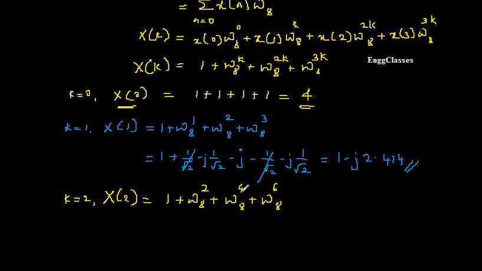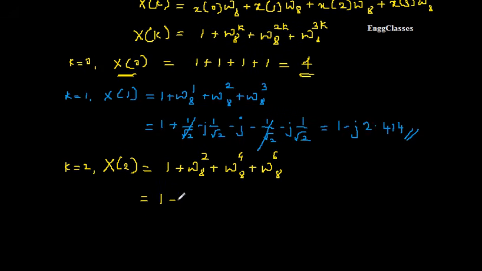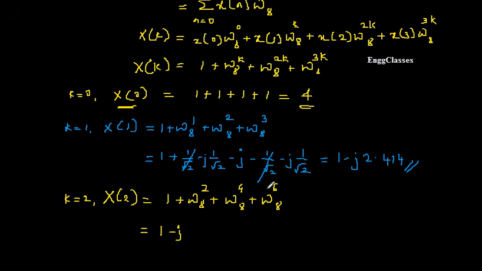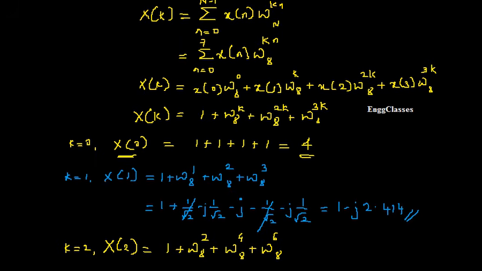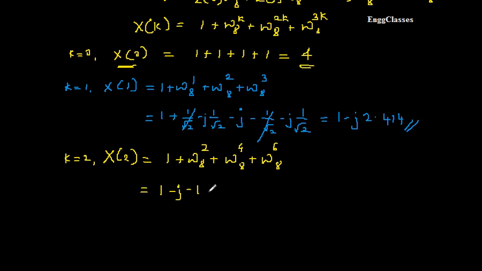So in this expression I need to put the value. This is 1, W8 to the power 2, that is minus j, so put it. W8 to the power 4, that is minus 1, put it. And lastly I have W8 to the power 6. W8 to the power 6 is plus j, so I will put the value over here.